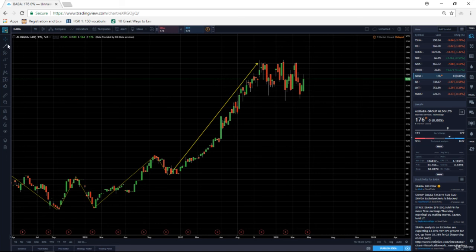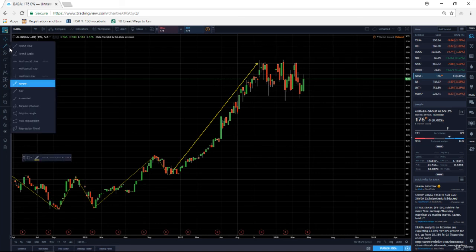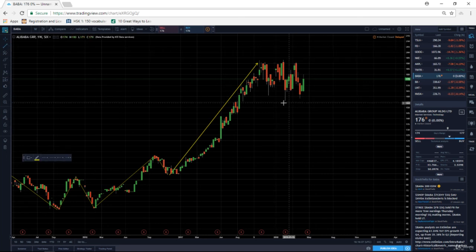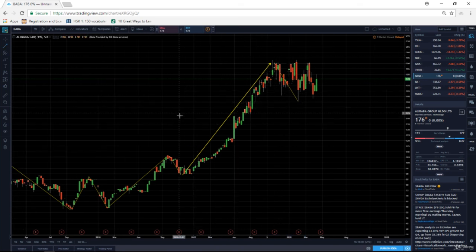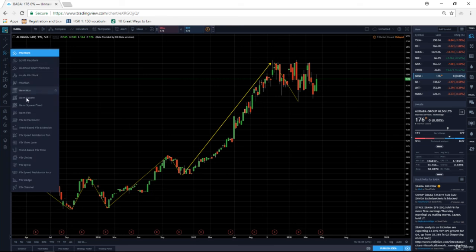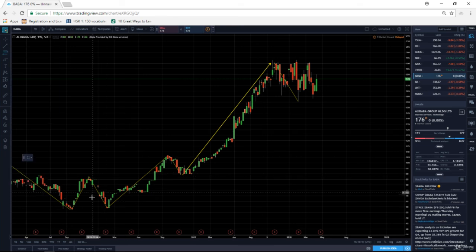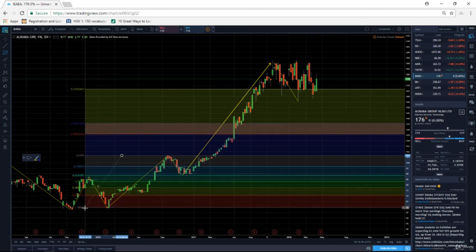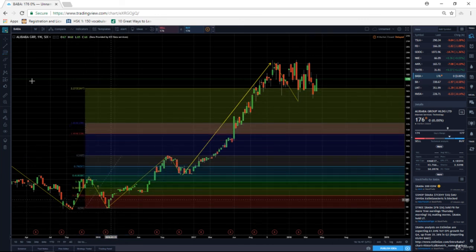All right, so you just continue drawing the lines, and what you can see here is that it's still making power upward. Now you check with Fibonacci retracement which one has power or not.